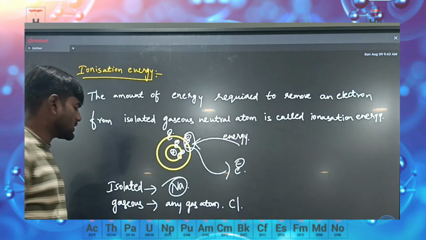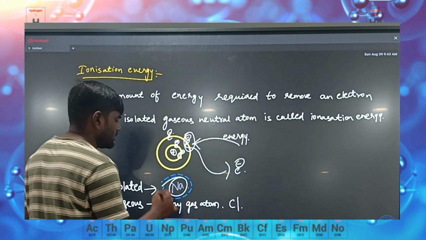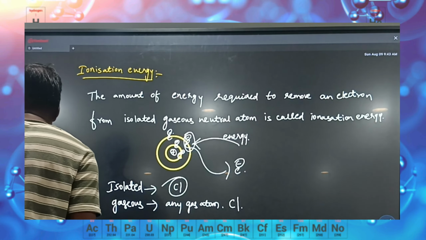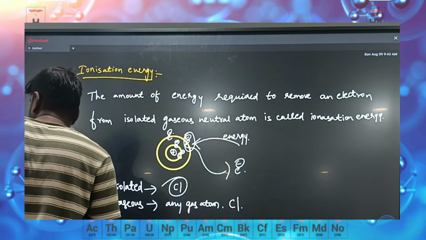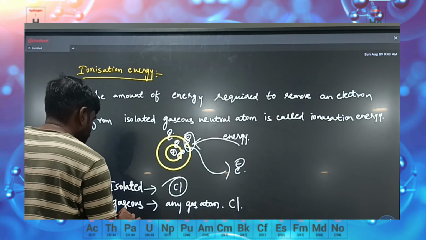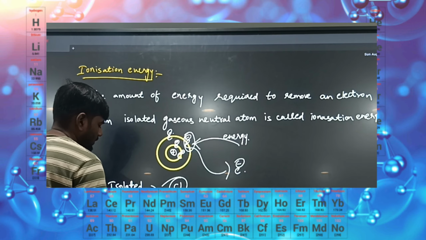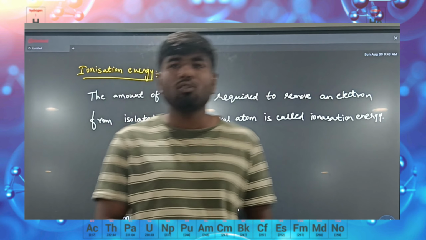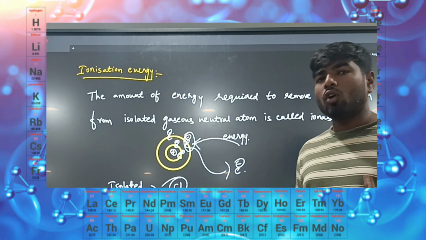Instead of sodium we can take chlorine here. It should be neutral. Why are we taking a neutral atom? Because from it we can remove how much energy.